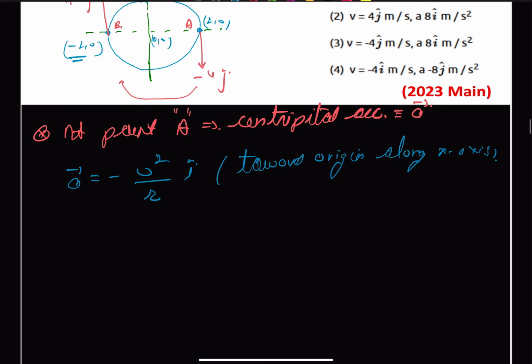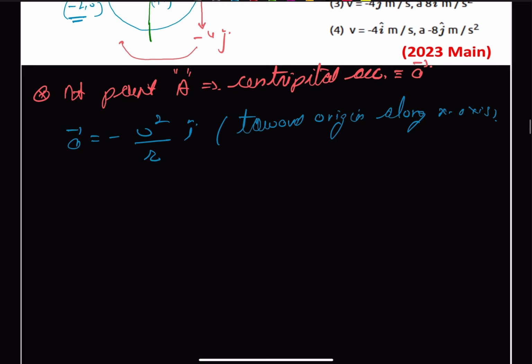And the magnitude of v is our 4. So therefore our acceleration A will be equal to v square, and radius is our 2, giving us acceleration equal to 8 meter per second square.